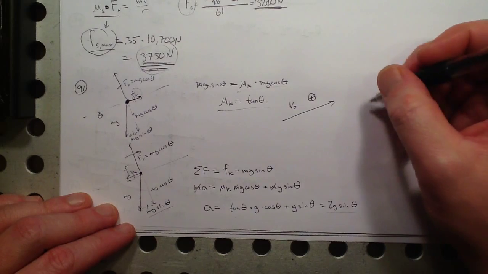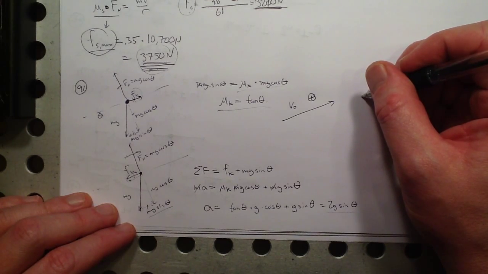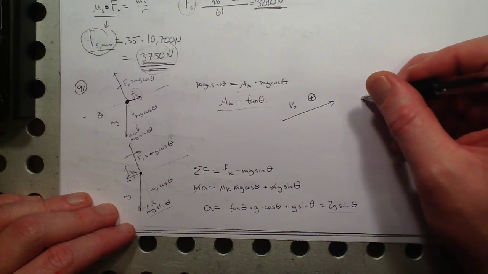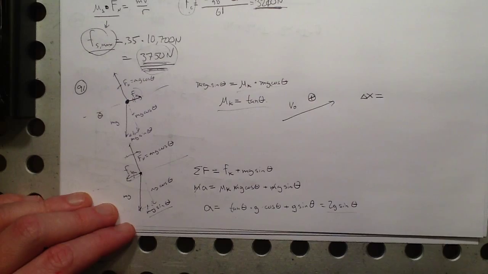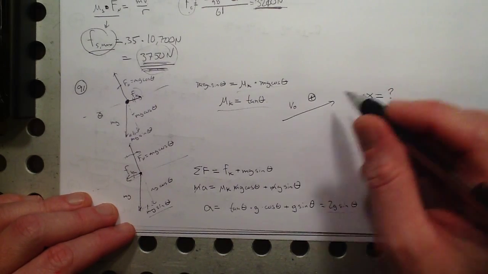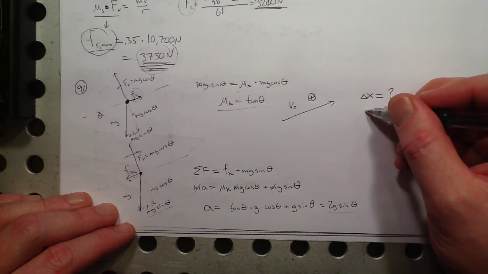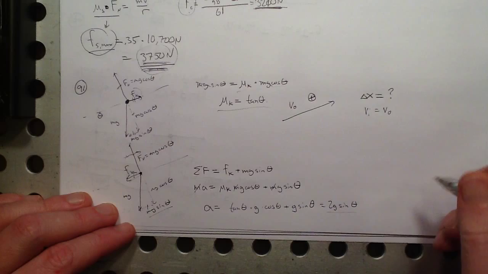Okay? So, what do I know? Or what do I want to know? I want to know how far up the ramp it is going to go. So that would be, I'm going to call it delta x. The delta x is what I'm looking for. If this is the positive direction, then the initial velocity is v sub 0. They told us that.